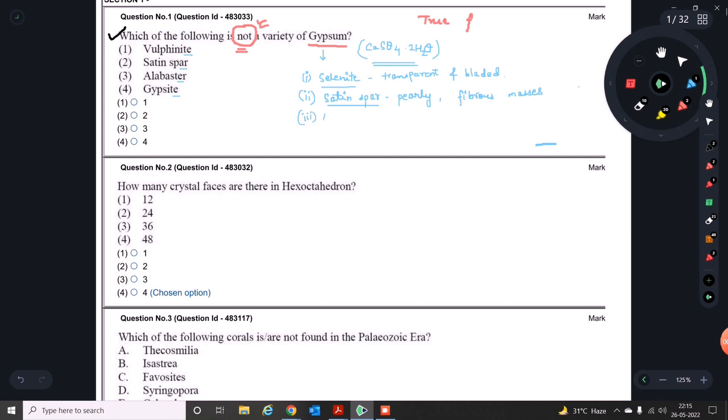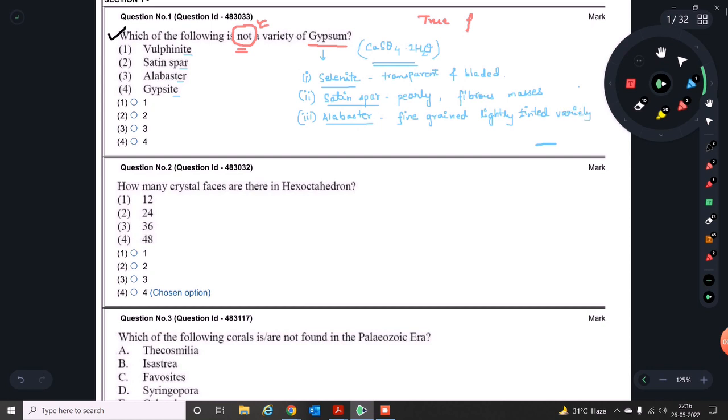Another variety we have is alabaster. So it is also given in the option. Alabaster is fine grained. It is a lightly tinted variety, tint being nothing but a shade or stain, something of that sort.